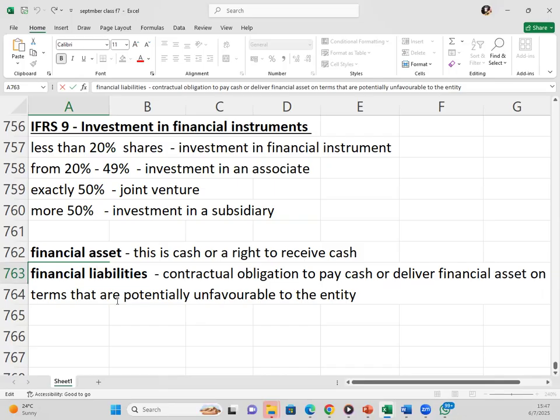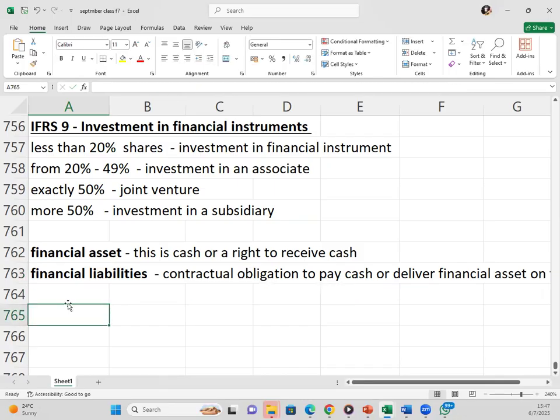Besides the financial liability, we are also going to talk about an equity instrument.